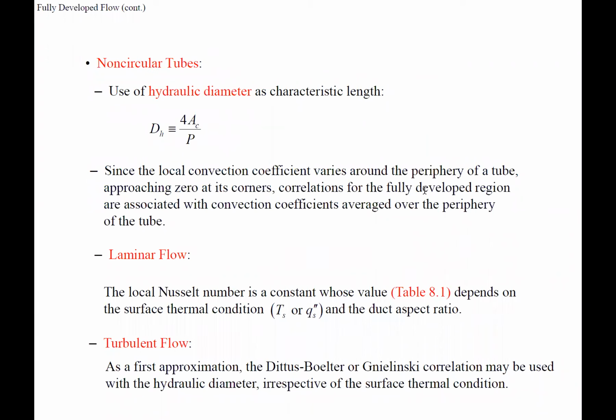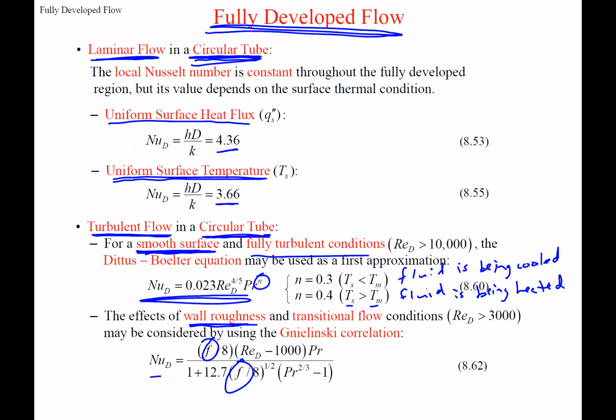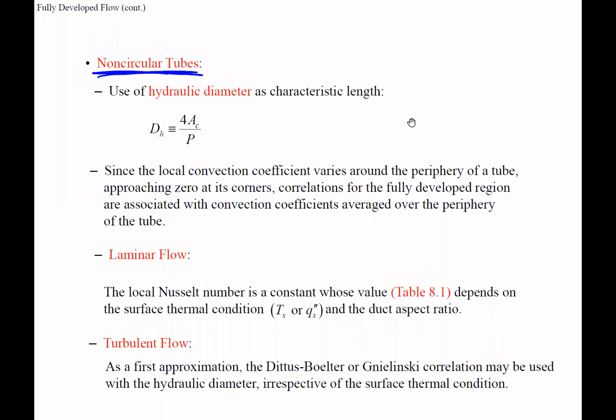Now this talks about non-circular tubes, because all these dealt with circular tubes. If the tube is not circular, we have the hydraulic diameter. And then for laminar flow, we have a nice Table 8.1 that gives us different Nusselt numbers based upon the type of non-circular tube, whether it's square, rectangle, or triangle, for constant surface temperature and constant heat flux.